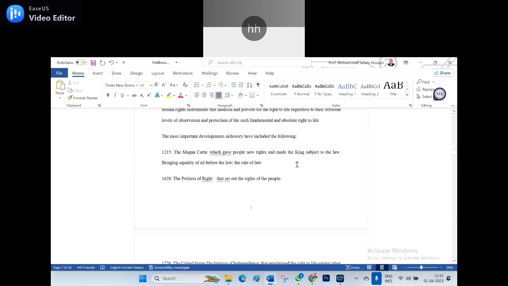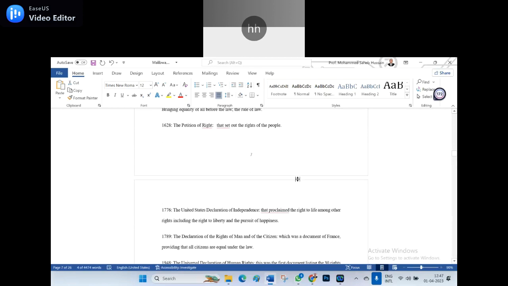Then 12, 15, what is the 12, 15? Is it the year? Magna Carta. You better write Magna Carta, next you write the year. So that will be quite good. Otherwise, we'll have a different idea.